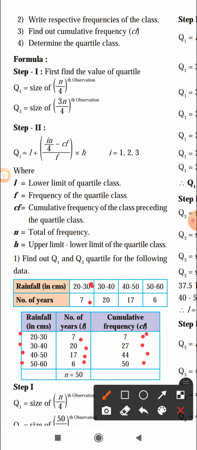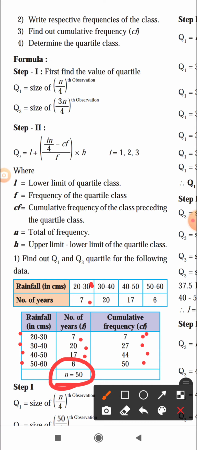Next step, find out the value of total frequency, N. When we sum all the frequencies, we get N, that is total frequency.